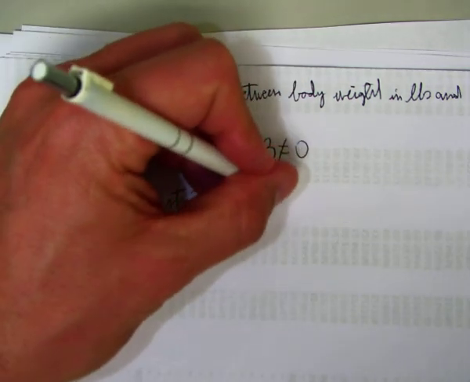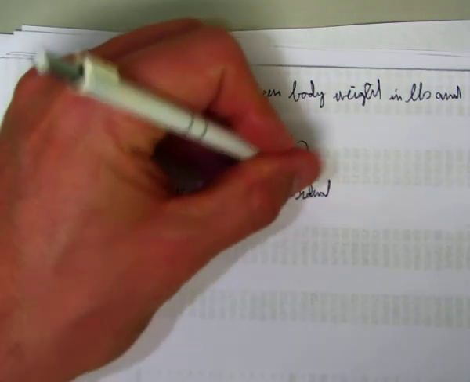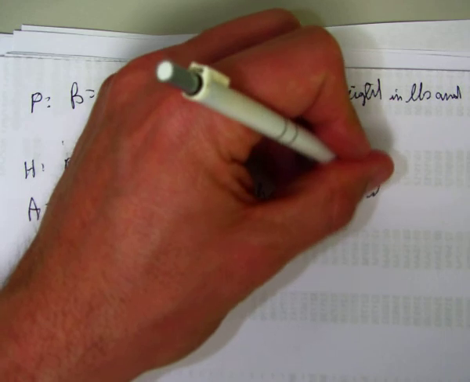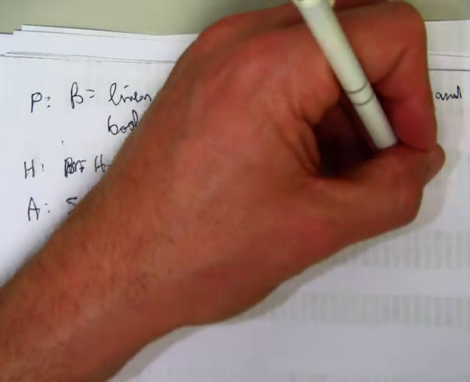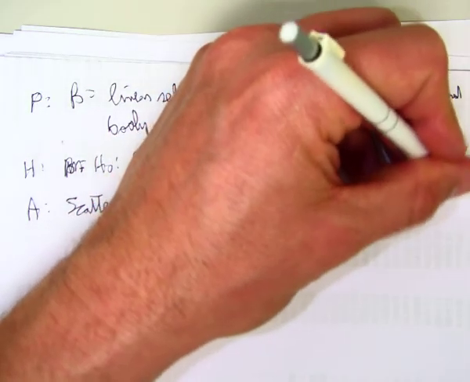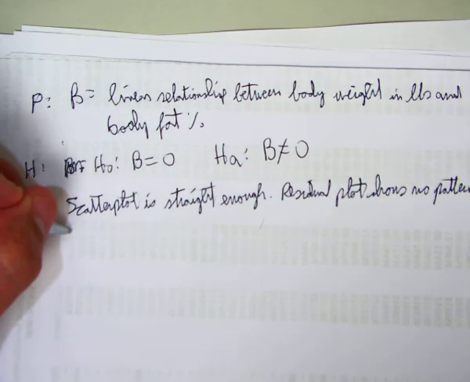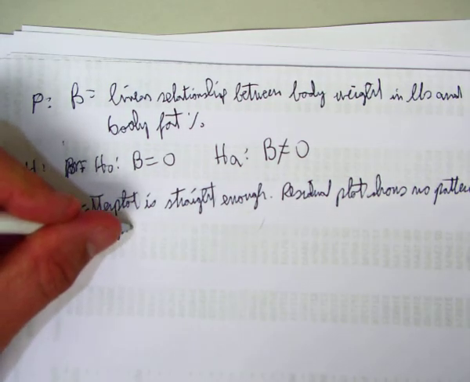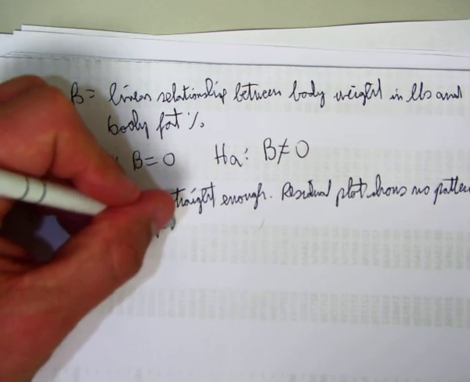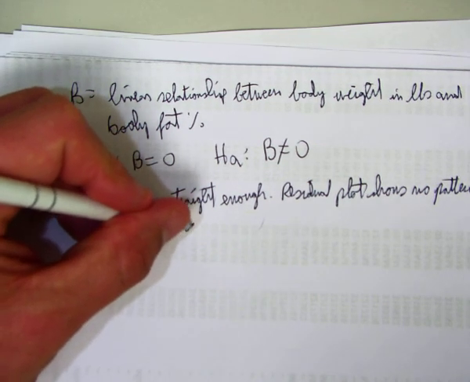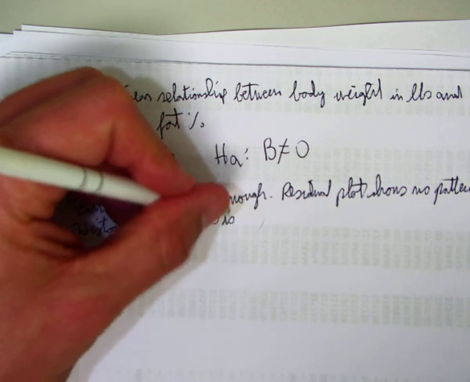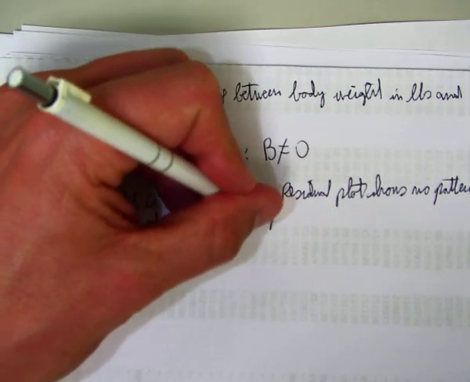The residual plot shows no pattern. The histogram of the residuals is roughly unimodal and symmetric.